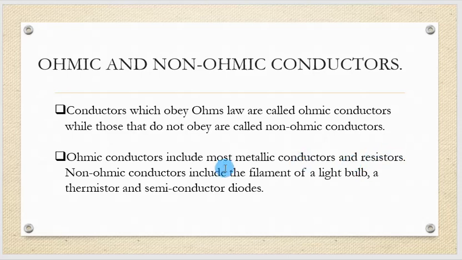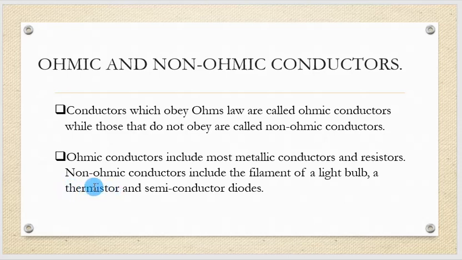However, there are some resistors that do not obey Ohm's law. Resistors such as a thermistor. A thermistor is a temperature controlled resistor, a resistor whose resistance is affected by temperature. In most cases a thermistor reduces its resistance when it is treated to high temperature.